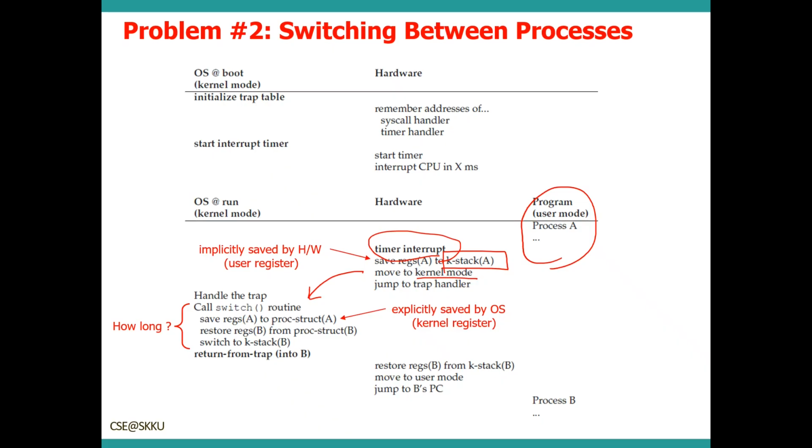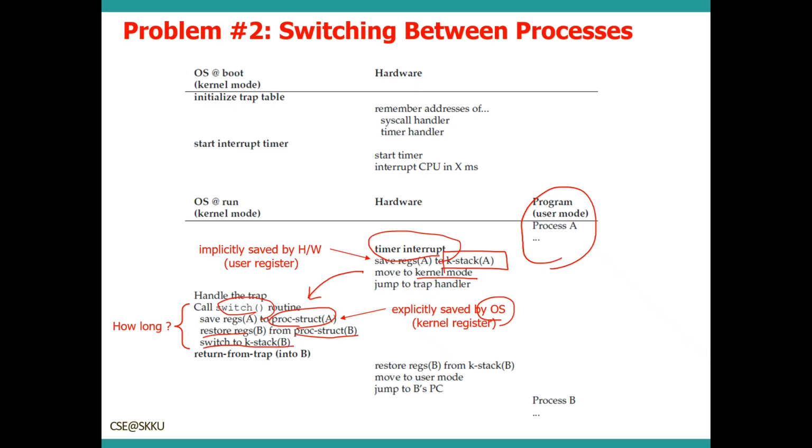In the timer interrupt handler, the OS decides to switch from running process A to B. At that point, it calls the switch routine, which carefully saves the current register values into the process structure of A that is managed by the operating system, and restores the registers of process B from its process structure entry, and then switches context.